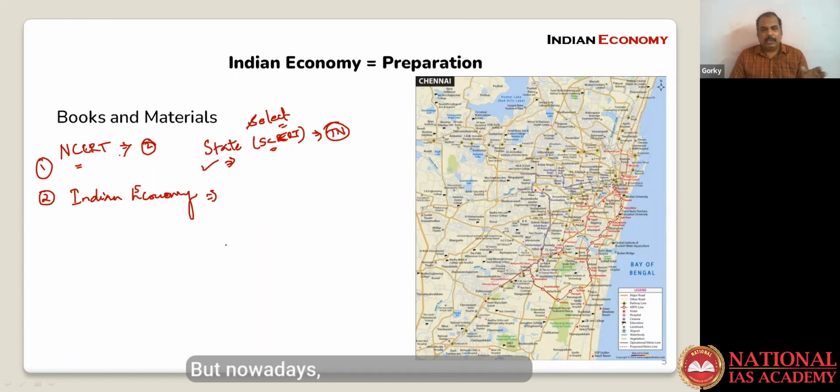But nowadays the current trend is that we have different books. Ramesh Singh has one, and Puri, I forgot the name. There are many books available in the economy sector. What you do is just have some reference.